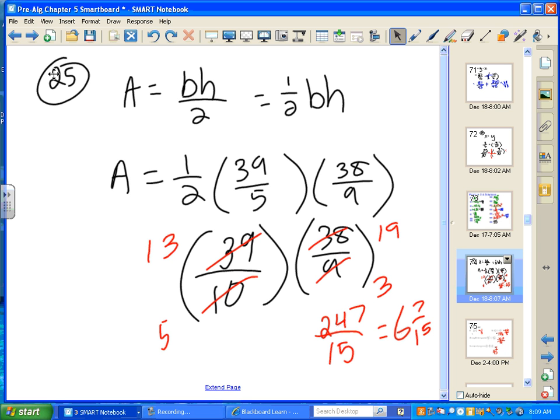So once you get your fraction, you're dividing by 2. So since you're dividing by 2, it's really multiplying by 1/2. So after you get that, then you have to multiply by 1/2. Dividing by 2 is the same thing as multiplying by half. Right?